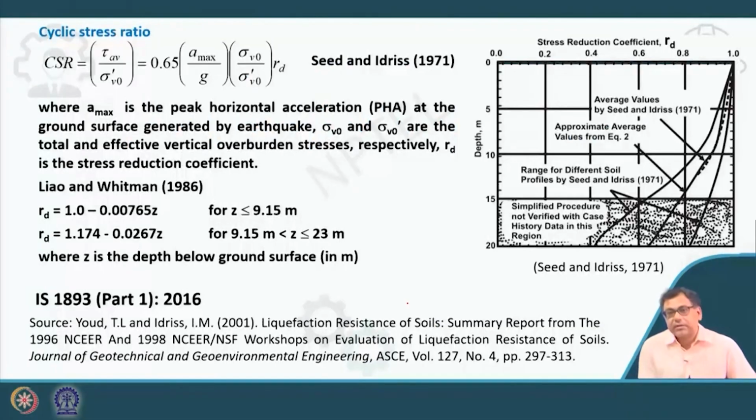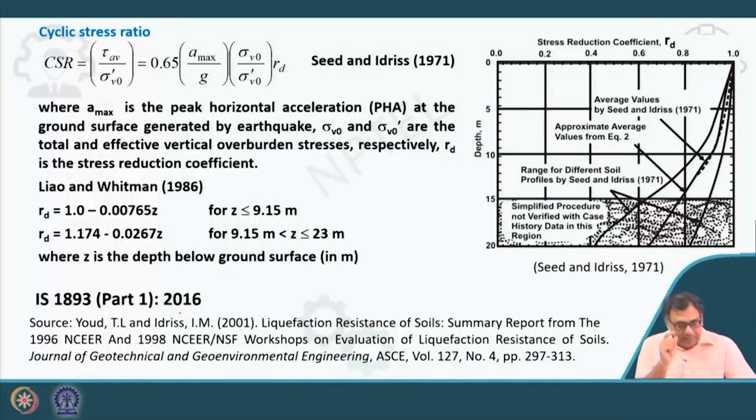The same or a similar procedure is recommended by the IS code also, IS 1893 Part 1, 2016. Not only in India, worldwide these methods are used to know whether liquefaction will occur or not.